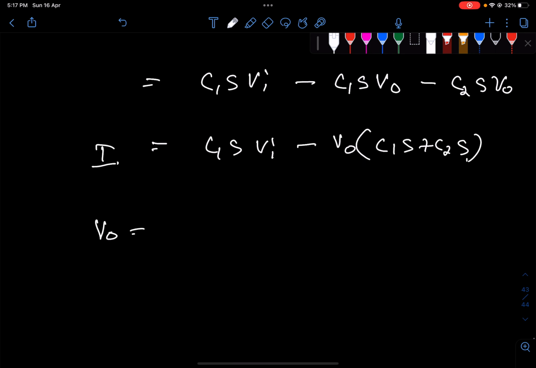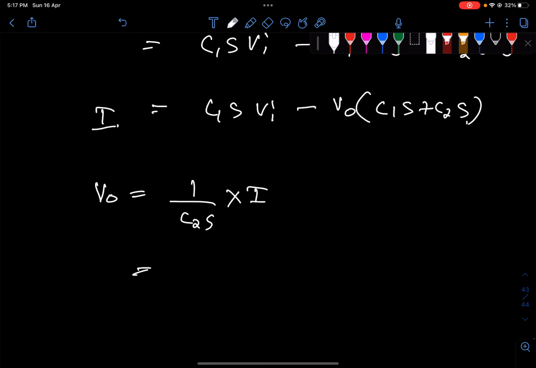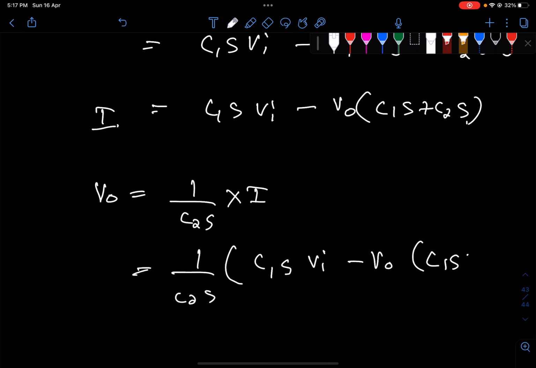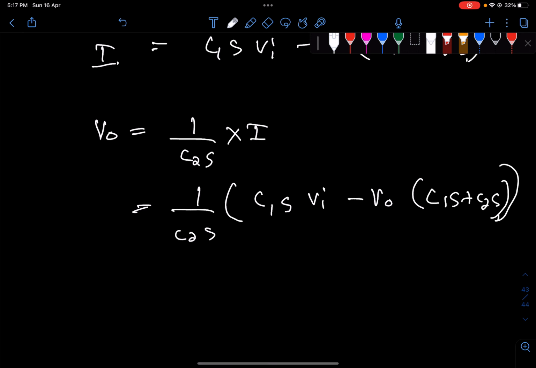So what is our output? Output is just across the capacitor now. So it is 1 by C2S multiplied by this current. So 1 by C2S into C1S VI minus V0 times C1S plus C2S. That will be what? S will be removed from here as well as from here.